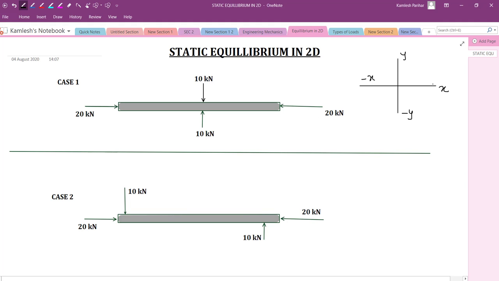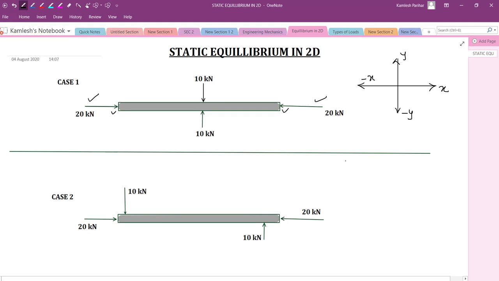If I talk about x-axis, then this 20 kN force is acting along plus x-axis, and this 20 kN force is acting along minus x-axis. See the arrow, it is pointed towards minus x-axis and this arrow is pointed towards plus x-axis. So these forces are balancing each other, and the 10 kN and 10 kN forces along y-axis are also balancing each other.